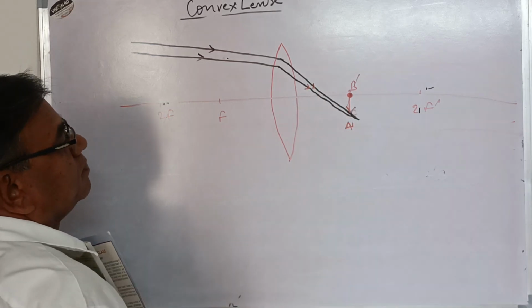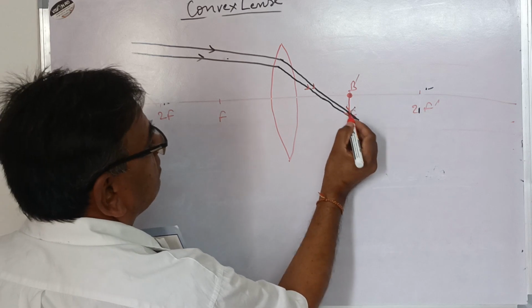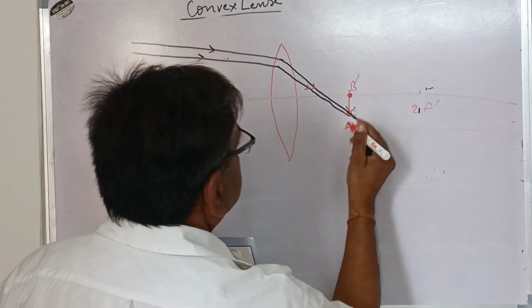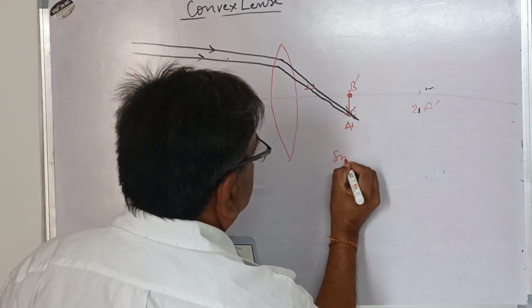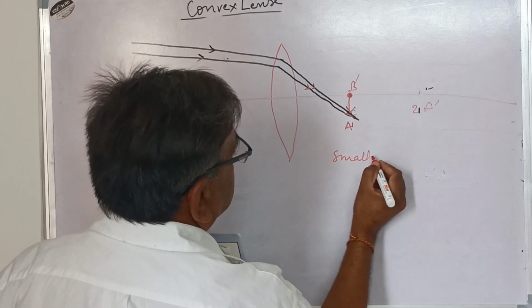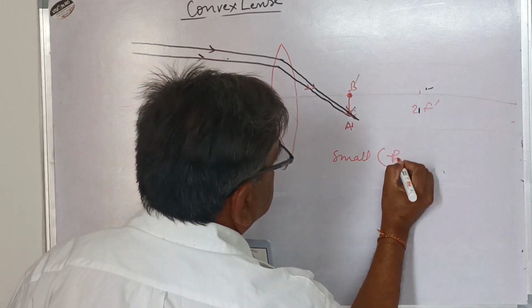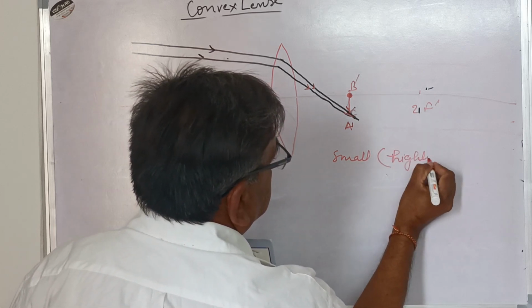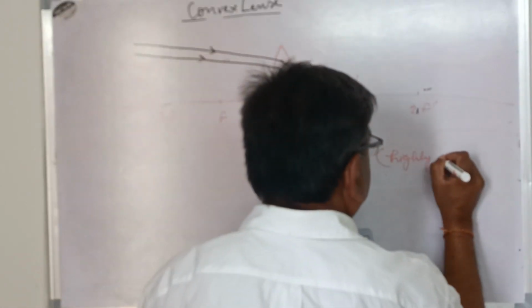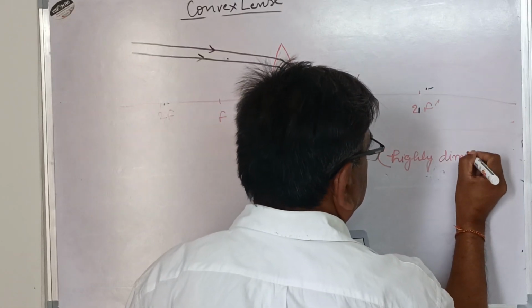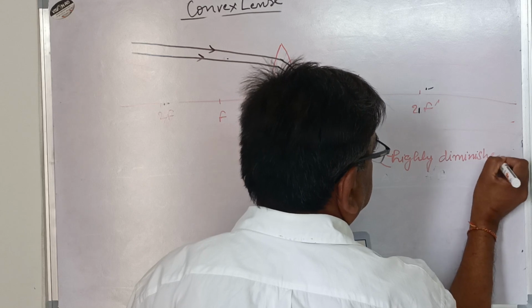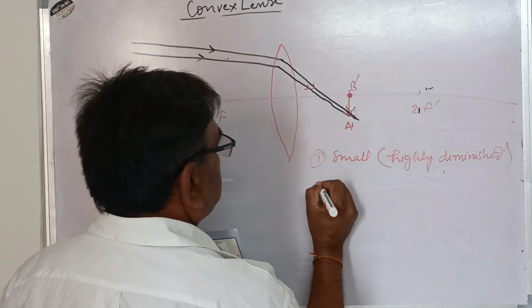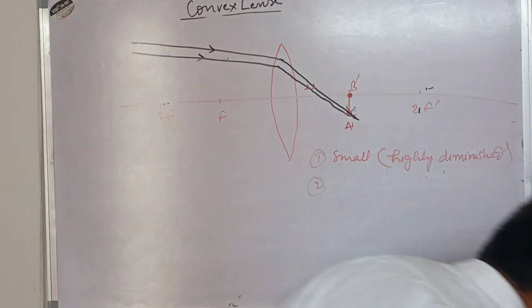But what will be the characteristics? Number one, it will be small, highly diminished. Number two, inverted.